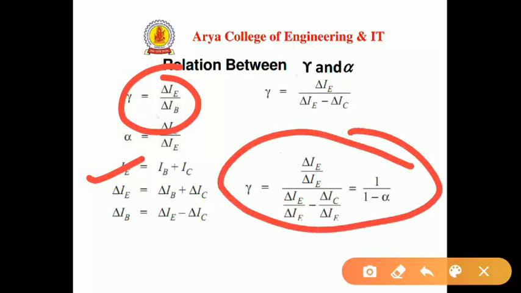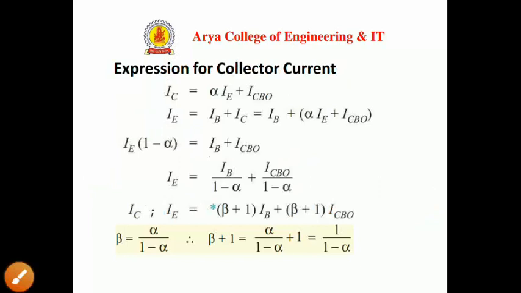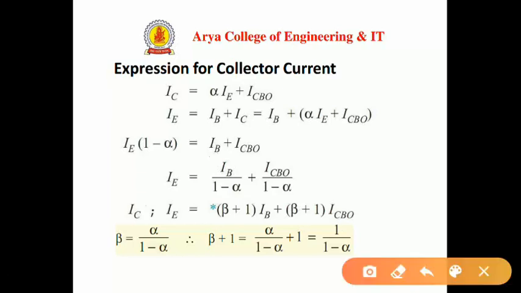In the previous video we have studied the relation between beta and alpha. Now we have the relation between gamma and alpha. So we have an expression for collector current. This is almost the same: IE equals (1 plus beta) IB plus (1 plus beta) ICBO.